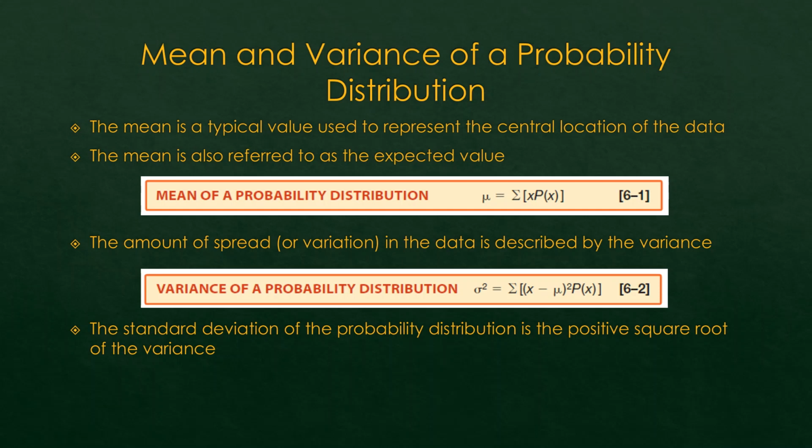Okay, and then the variance of the probability distribution is x minus the mean squared multiplied by the probability of x, and that gives you a specific value for each occurrence, and then you add all of those up together. So let me show you what I'm talking about.